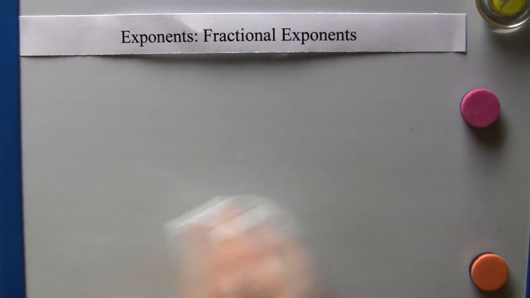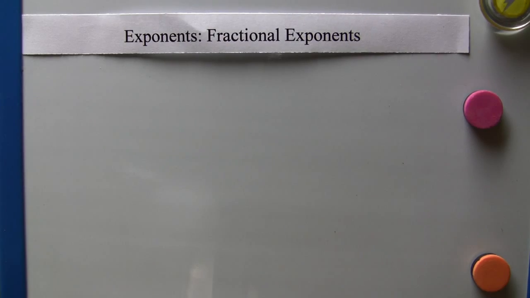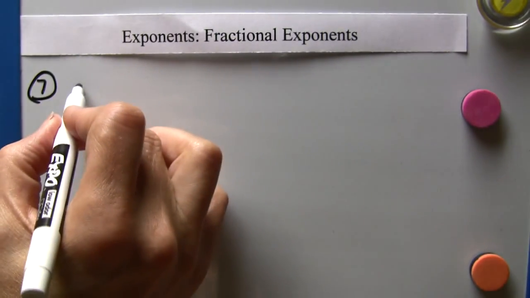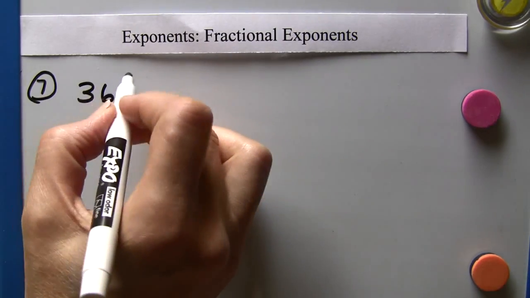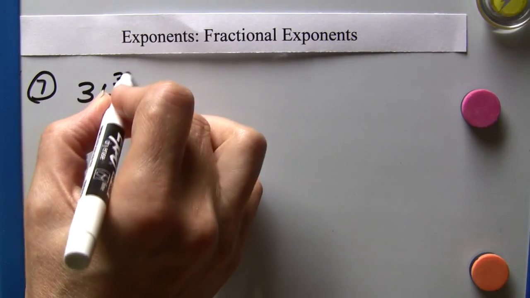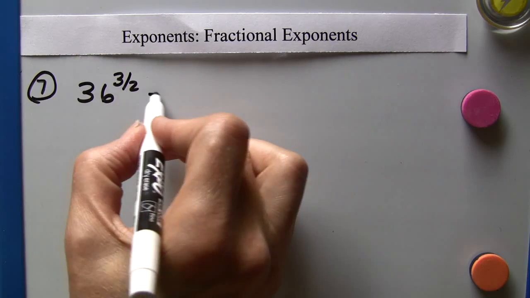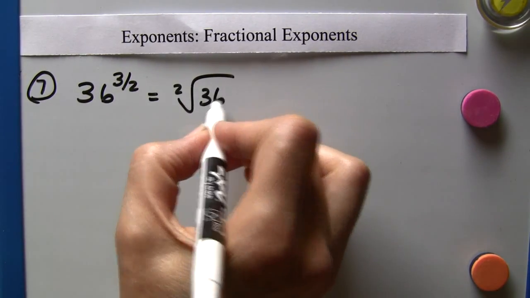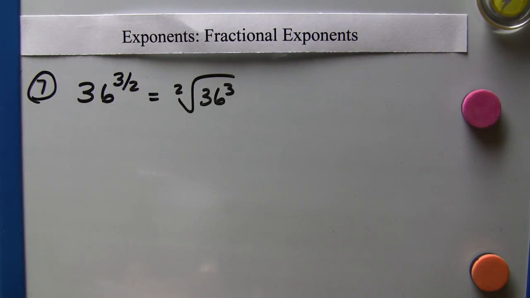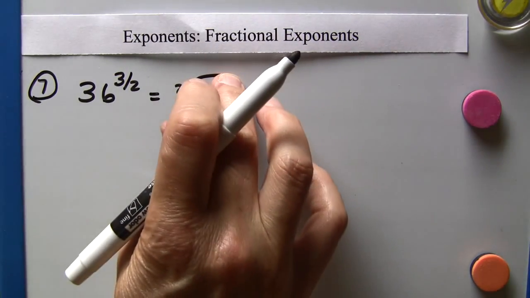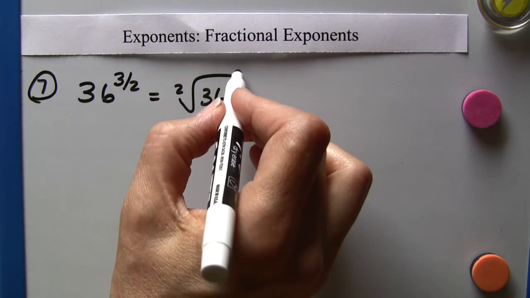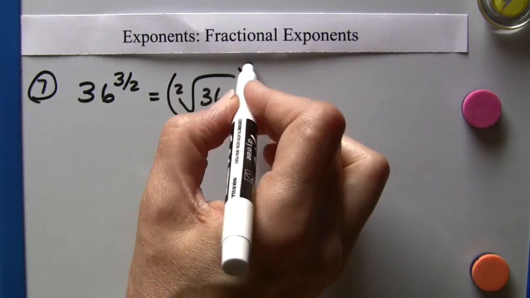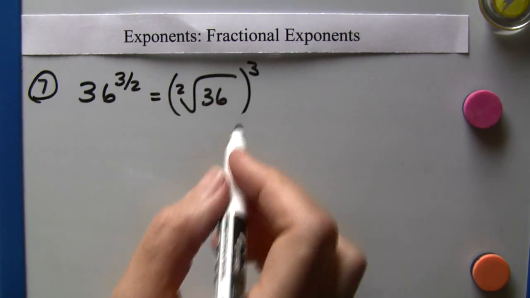We'll just keep moving through examples here. Number 7. 36 to the 3/2. Well, that is like saying the square root of 36 cubed. Cubed is going to go out here, although we could put it in there too.